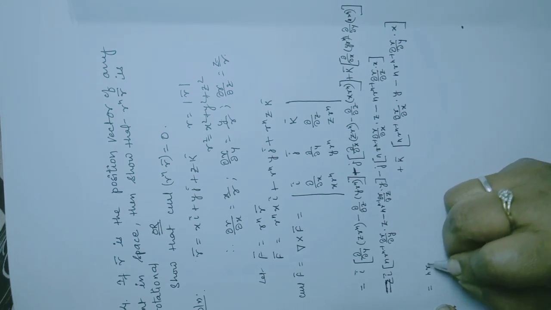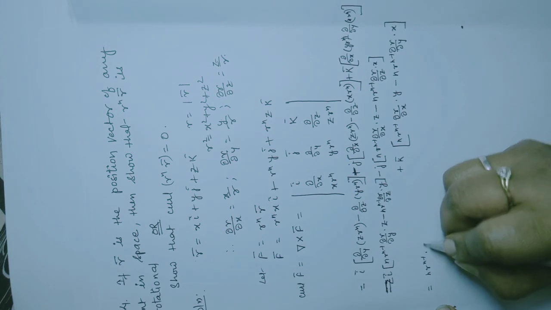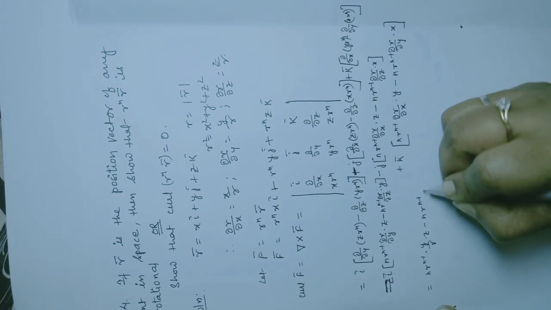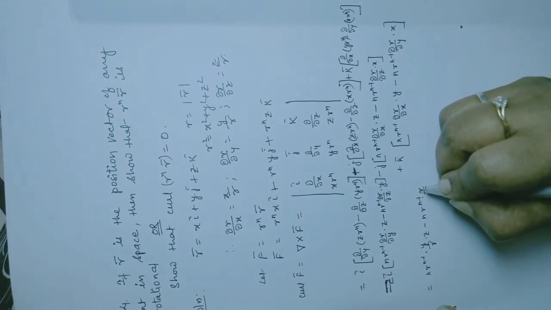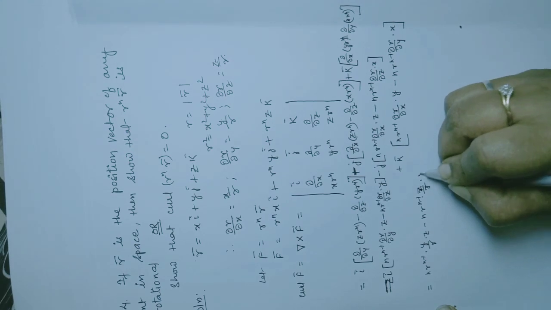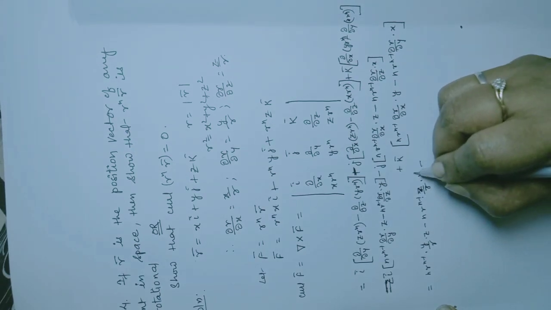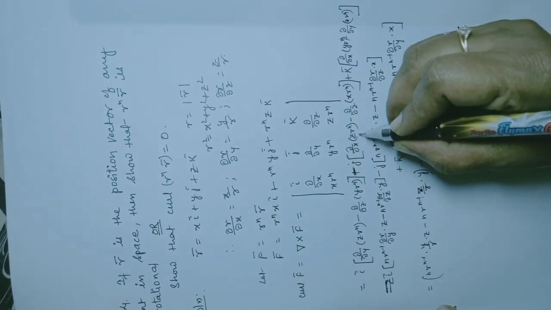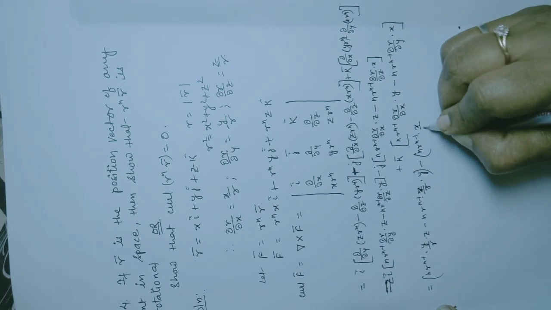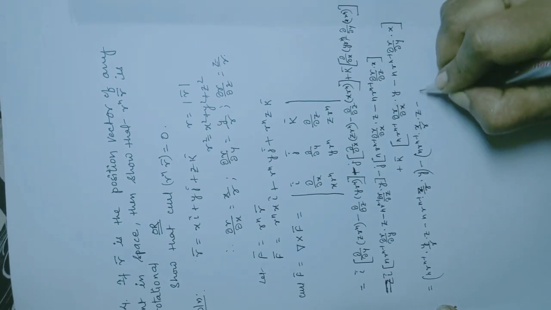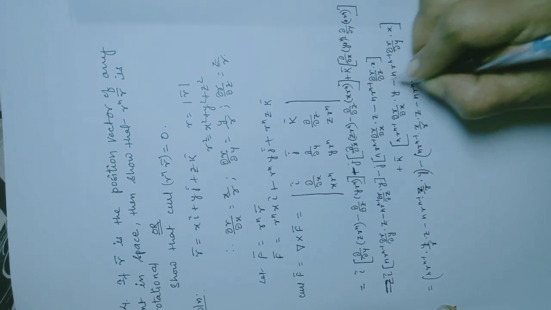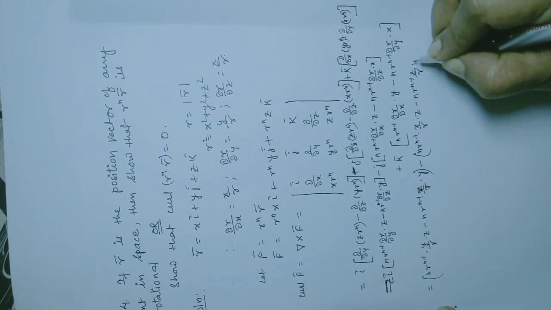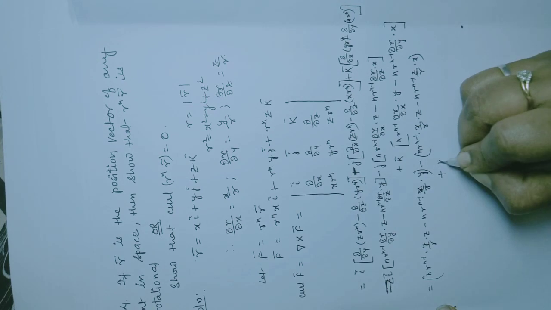So this term becomes n r to the power n minus 1 into y by r into z, minus n r to the power n minus 1 into z by r into y, minus, this term becomes n r to the power n minus 1, del r by del x means x by r, into z, minus n r to the power n minus 1, del r by del z means z by r, into x.